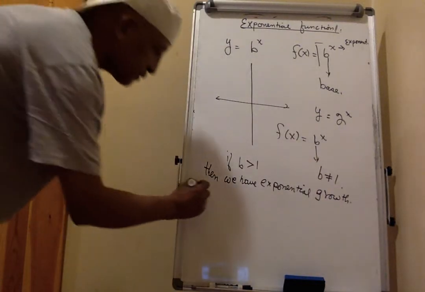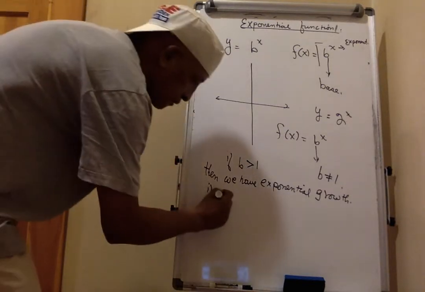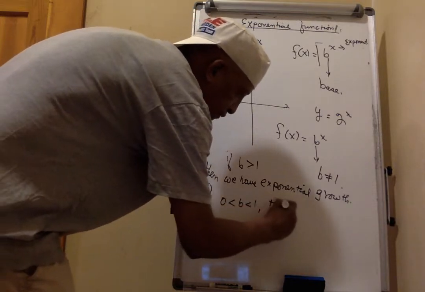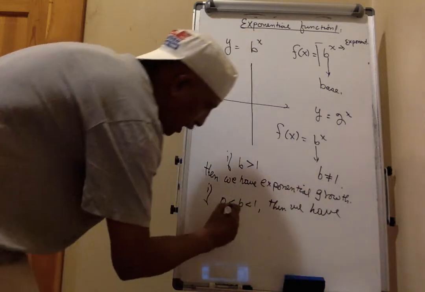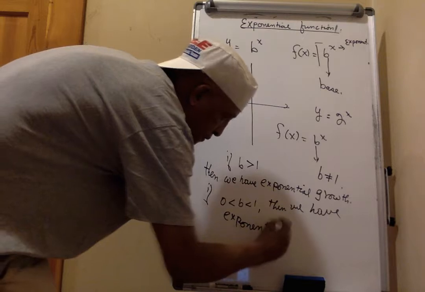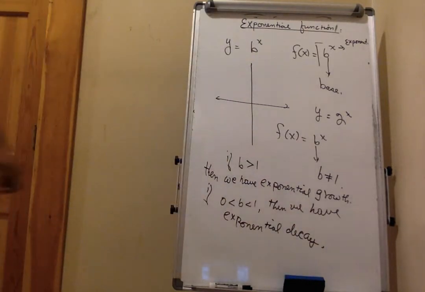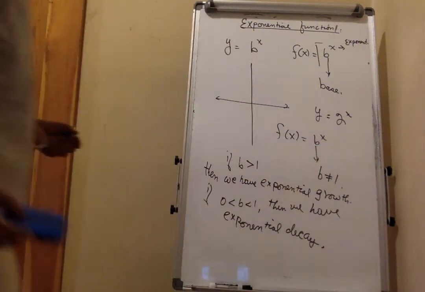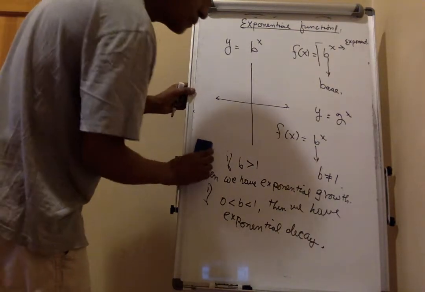On the other hand, if b is some number between 0 and 1, then we have exponential decay. And we use an example to justify this particular definition. And you can draw the table and verify whether this statement is true.